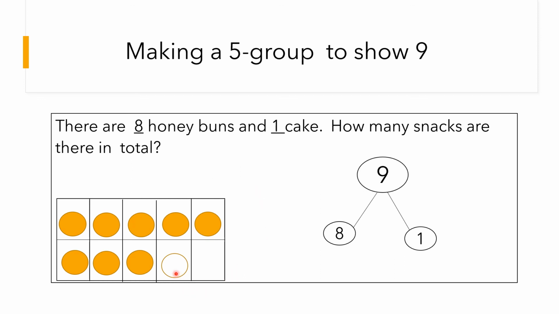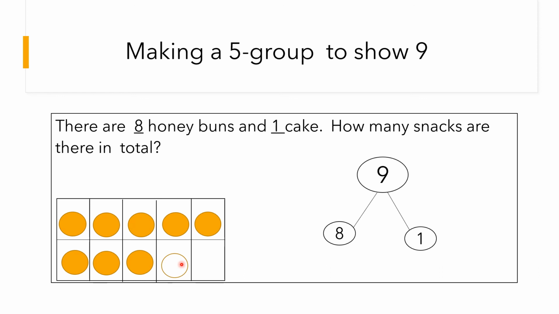So we'll make this one a clear circle. 8 honey buns and 1 cake means that there are how many all together, kindergarten? Should we count? I think counting is a good idea. Let's count together. 1, 2, 3, 4, 5, 6, 7, 8, 9.